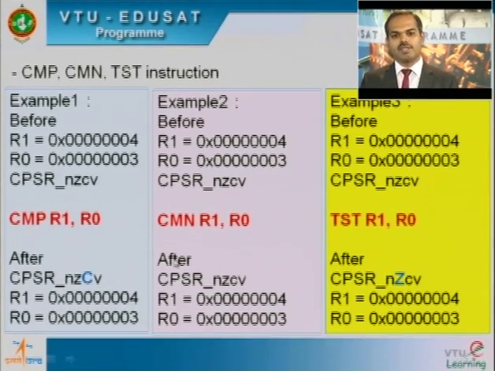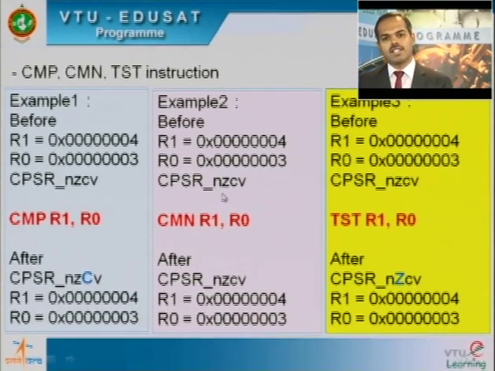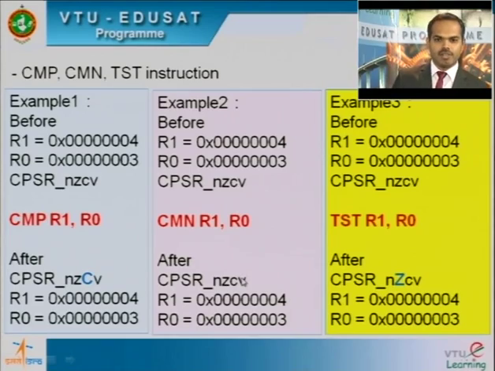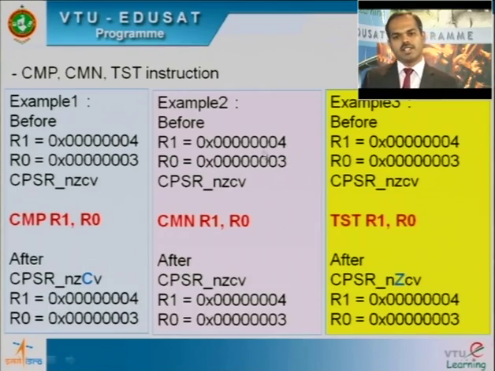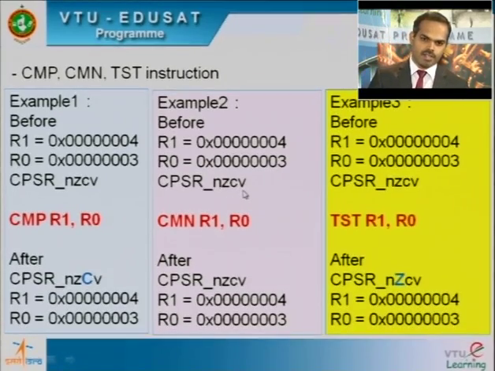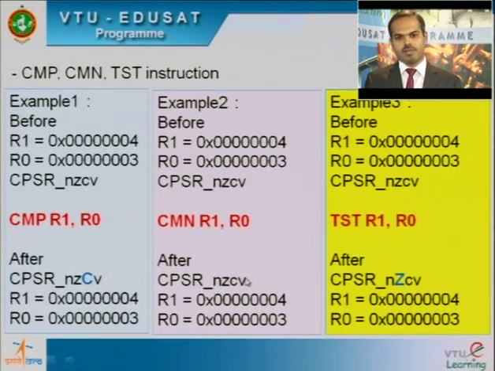After the execution of this instruction, all the flags NZCV are still 0, because there is no carry generated out of this addition of these two values. 4 plus 3 is 7. So with this result, no carry, no Z, no negative, no overflow flag is affected. So the CPSR register values are still 0 as they were.